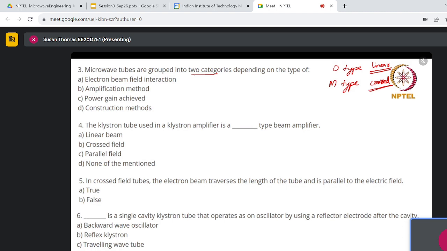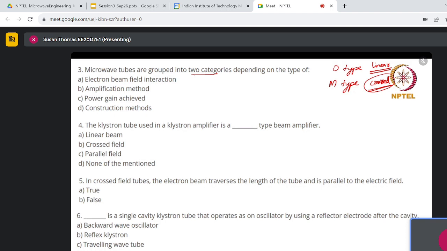If you look at this O type and M type, I told you this is a crossed field, so the electron beam and field interaction. If the focusing field is perpendicular to the accelerating electric field, then we call it a crossed field.